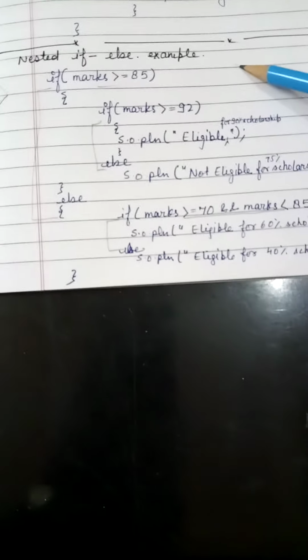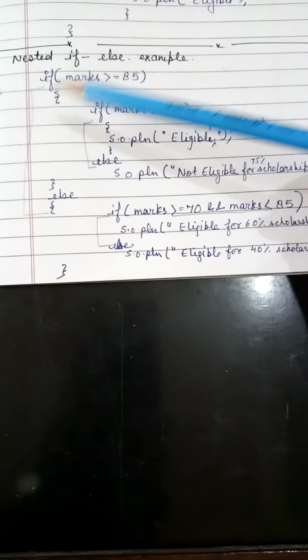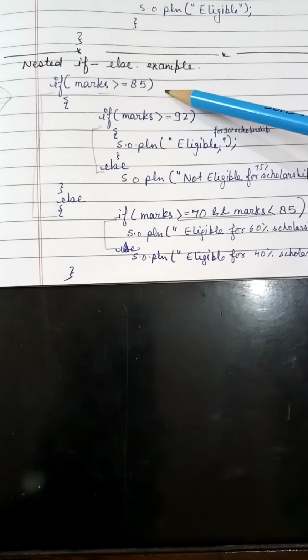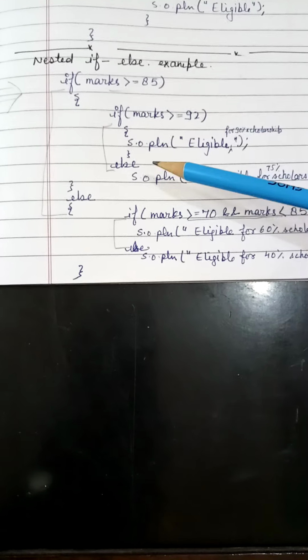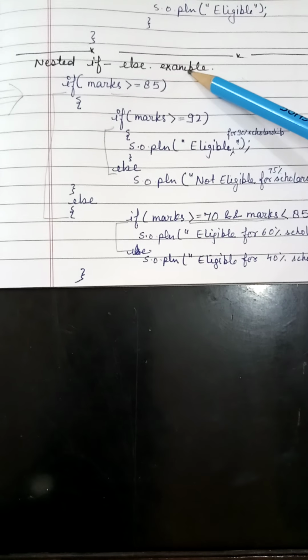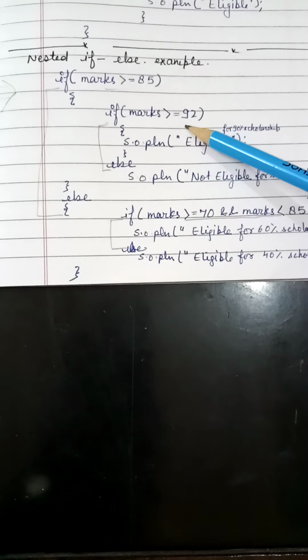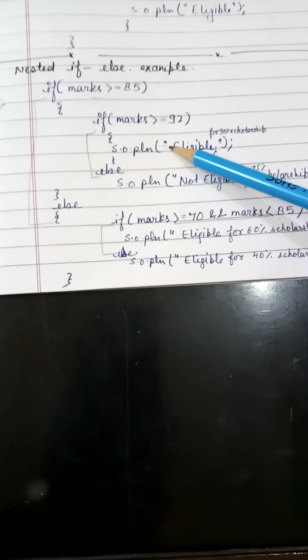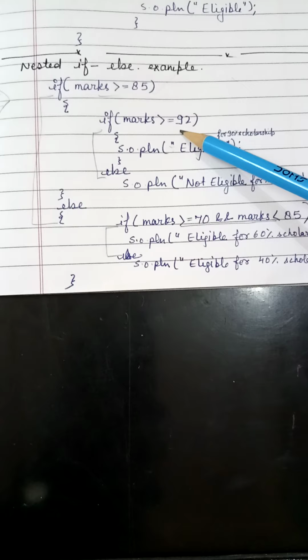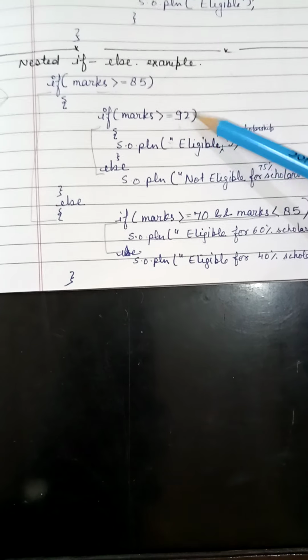Now a nested if else example. If marks are greater than or equal to 85, then the next condition within this if is checked. Suppose the marks are 90: is it greater than or equal to 92?